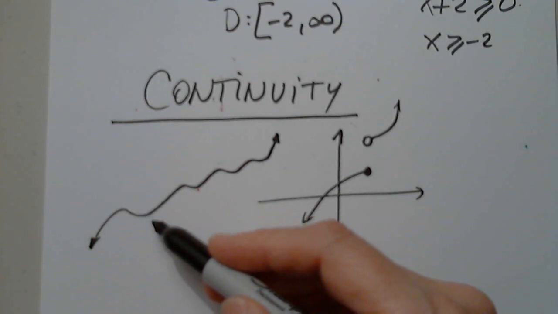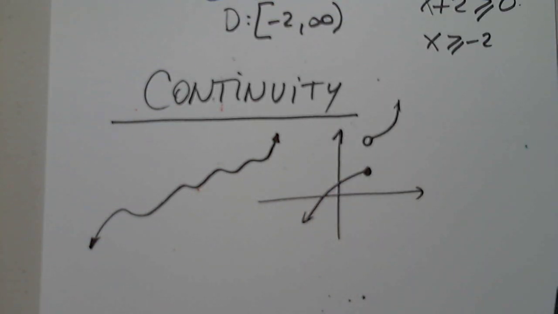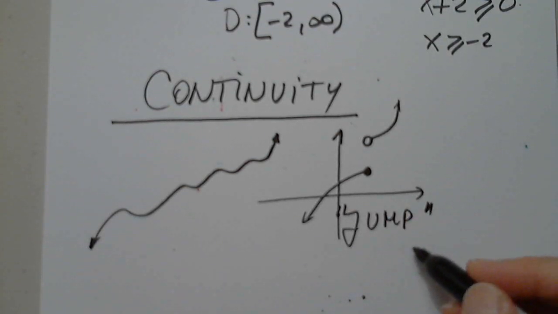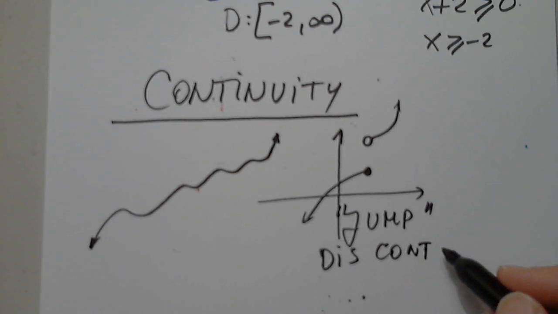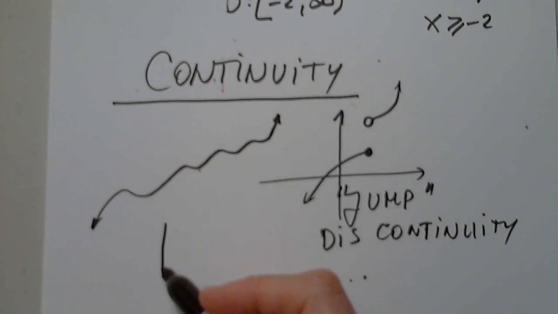Can I graph it without raising the marker off the paper? No. This has a jump, a discontinuity. Jump discontinuity. Perfect. What about this one?